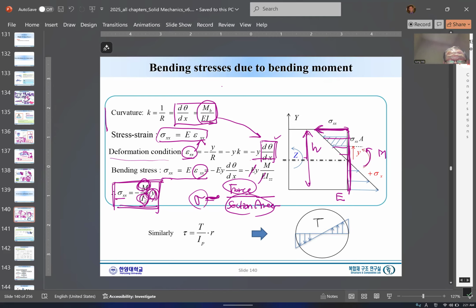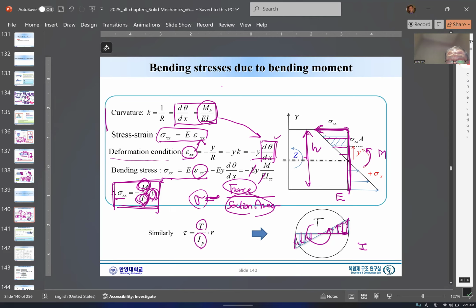And actually, if we have torsion, we twist like this, there will be some shear stress developed. Shear stress also looks very similar to the bending stress. As you can see, this is a torque, and this is now the polar moment of inertia instead of the bending moment of inertia.